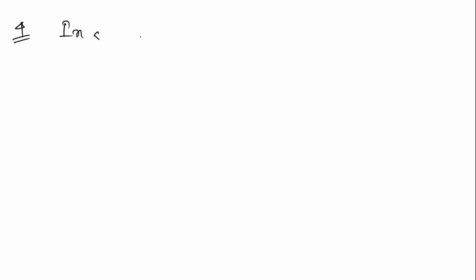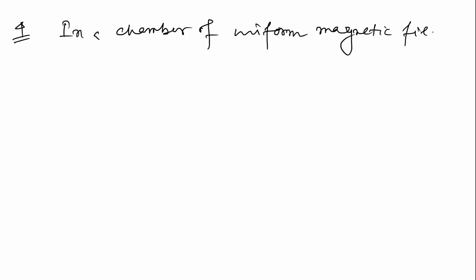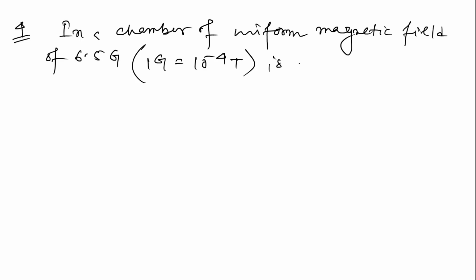In a chamber, a uniform magnetic field of 6.5 Gauss is maintained. Gauss is the CGS unit of magnetic field. 1 Gauss equals 10 to the power minus 4 Tesla. That is given in the question. You should know about that also.